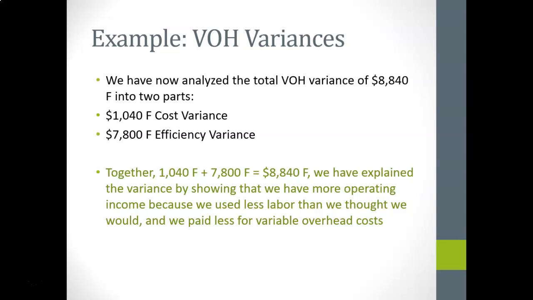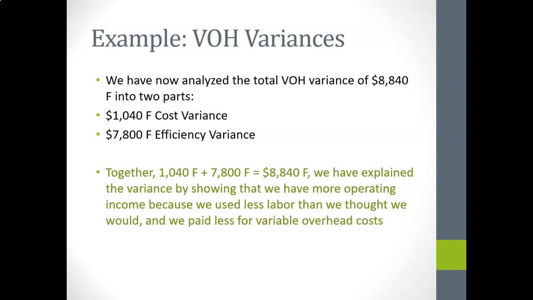Since we have favorable and favorable, we're going to add them. So we add the 1,040 favorable plus the 7,800 favorable, and that does equal the 8,840 favorable total variance. If it didn't, then we did something wrong on one of those two variances or both, and we need to go back and fix it.